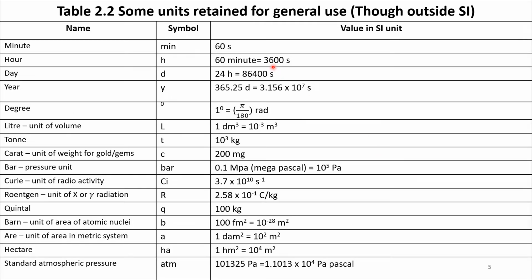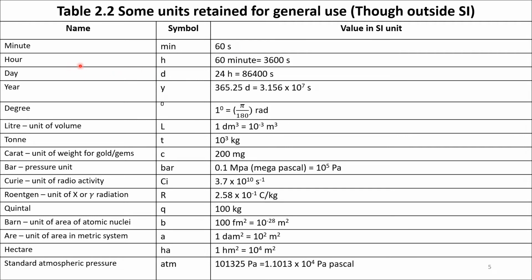Table 2.2 shows some units retained for general use, though they are outside the SI units. So, minute we had expressed previously in seconds. Time is expressed in second, but sometimes we use minute. Minute is 60 seconds.